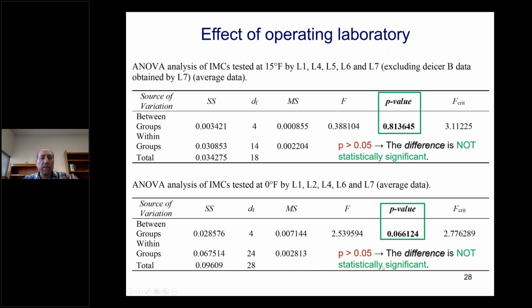For the case of 0 Fahrenheit, it is close but higher than 0.05, which shows that if we use average data, the difference is not statistically significant, but it is still much less than the case of 15 Fahrenheit.